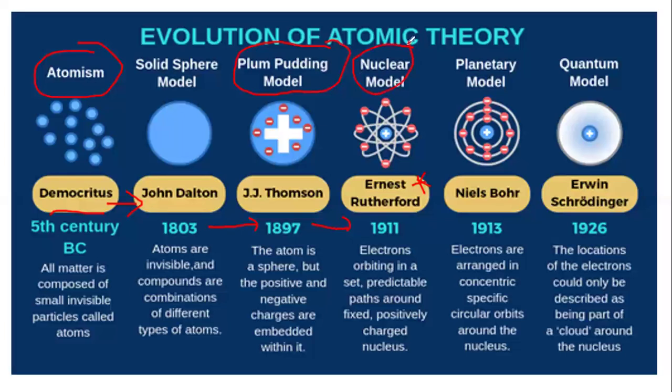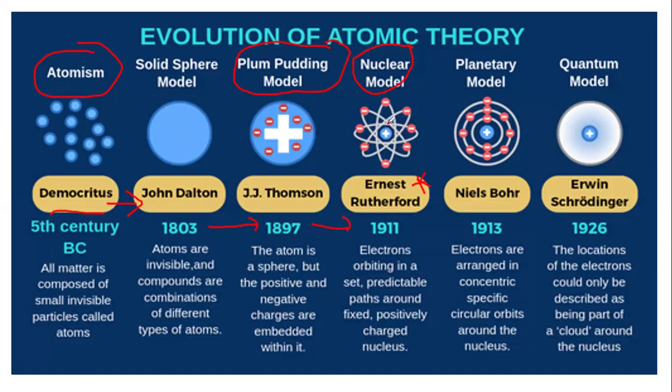So what does that state? It states that the electrons around the nucleus of an atom move or orbit in fixed paths. You can see an illustration on this diagram, right?